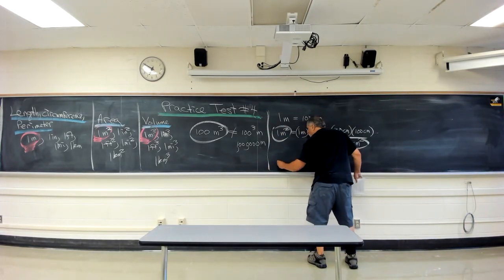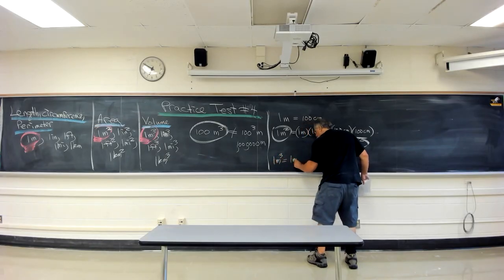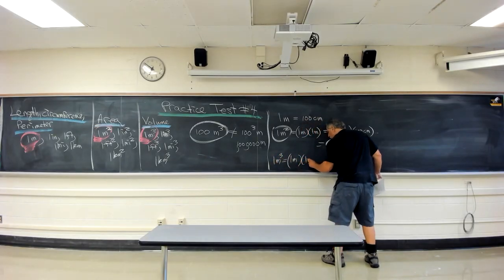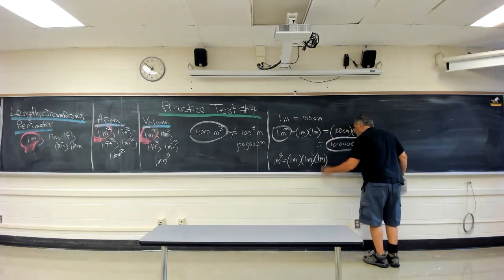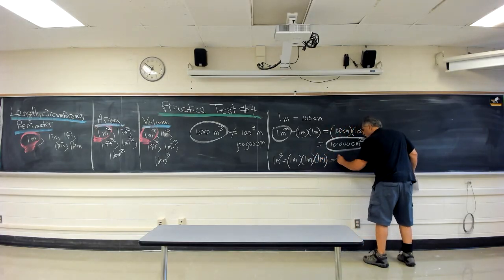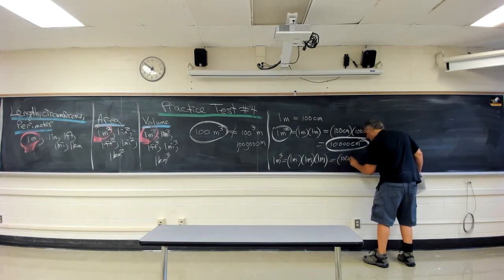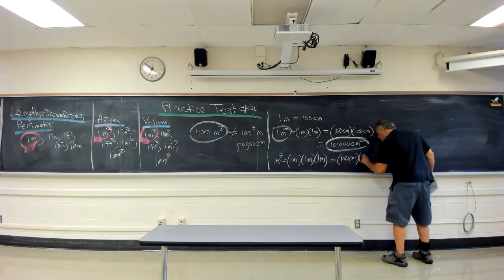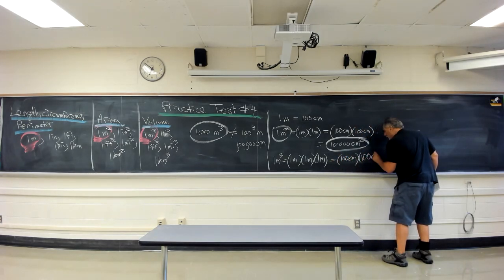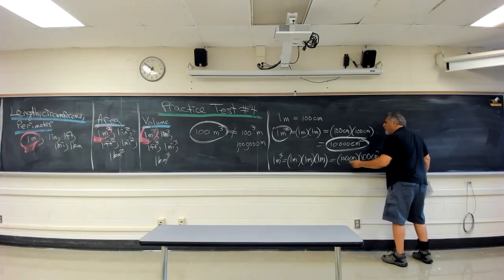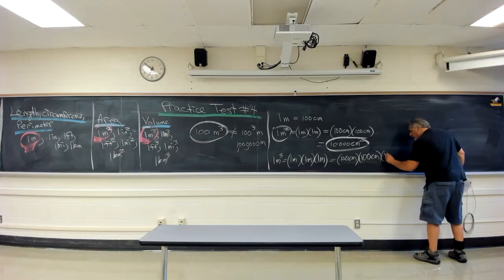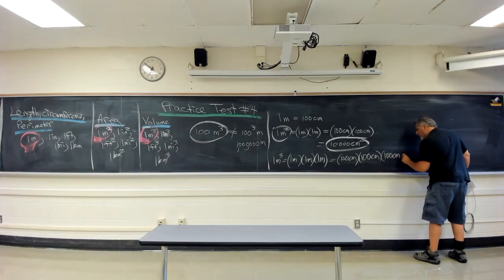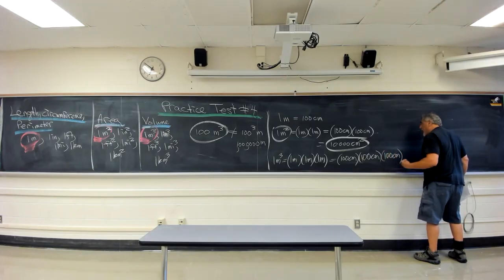So if you go 1 cubic meter, that means 1 meter by 1 meter by 1 meter. They're all perpendicular to one another when you're doing the measurement. 1 meter by 1 meter by 1 meter is the same as, well, we just said every meter is 100 centimeters. Wow, you're not just going to put 100 there and say, oh yeah, the 100 cubic centimeters is going to give me 1 cubic meter. It doesn't work that way. Because you're dealing with 3 dimensions, you will have to do a multiplication.